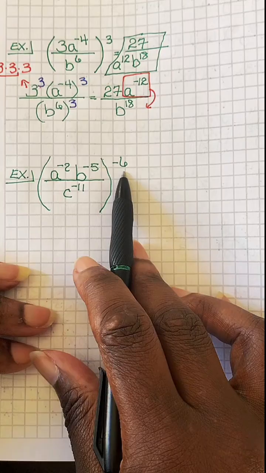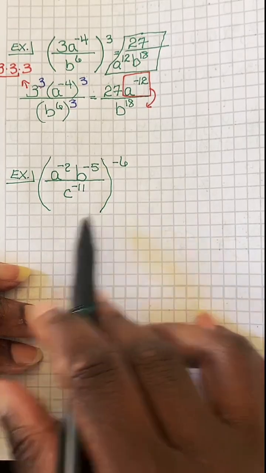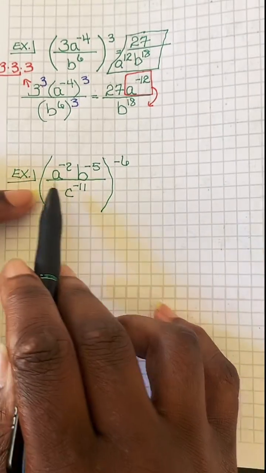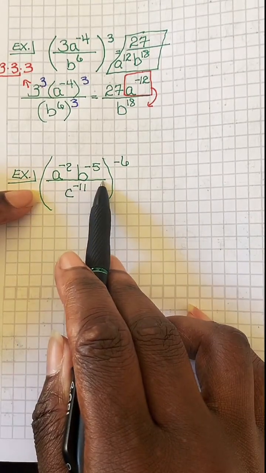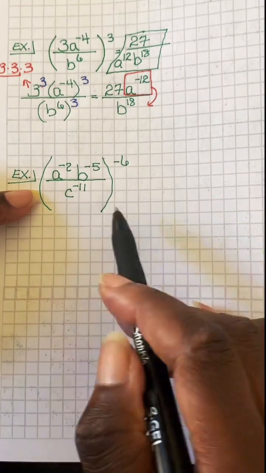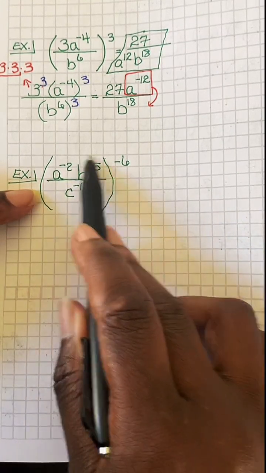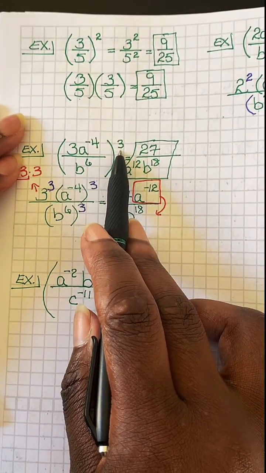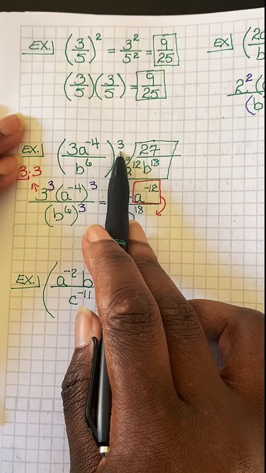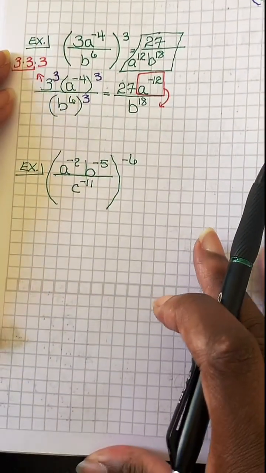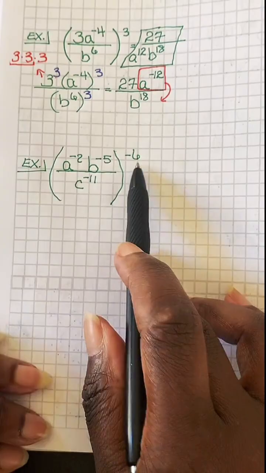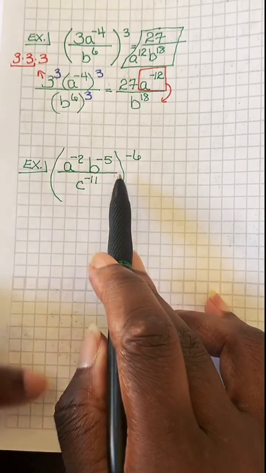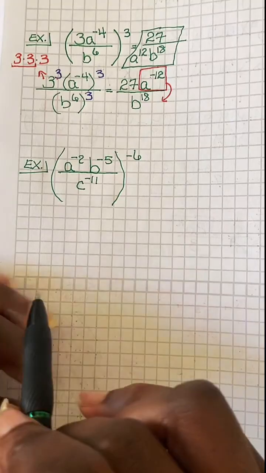You're probably thinking, well, you said to flip it, but I don't know how to put all of this over 1 and flip it. Pause. This is already a fraction, so the flipping is going to be of the fraction. The reason we didn't flip before is because my exponent out here was positive. Now that my exponent out here is negative, we're going to flip this fraction, not change these signs.